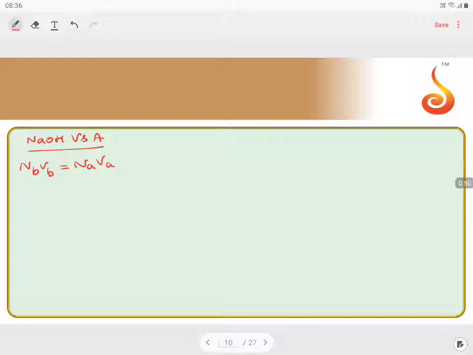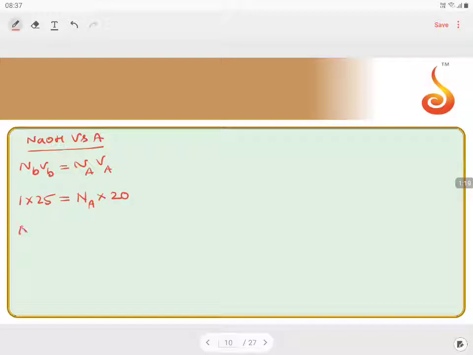A small change I will take here is capital N_A V_A. So the normality of the base is given as 1, volume is 25, which equals the normality of acid A times the volume consumed, 20. Small correction, the volume of base is 25, acid is 20.